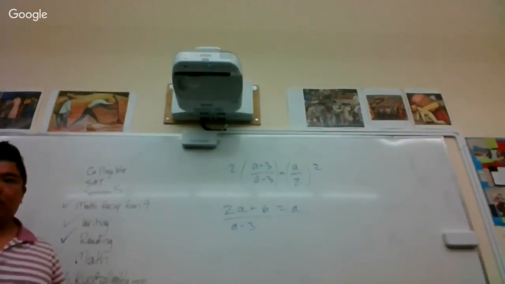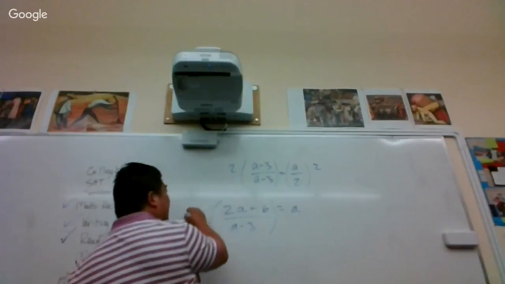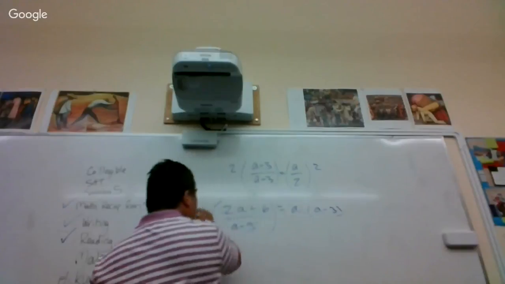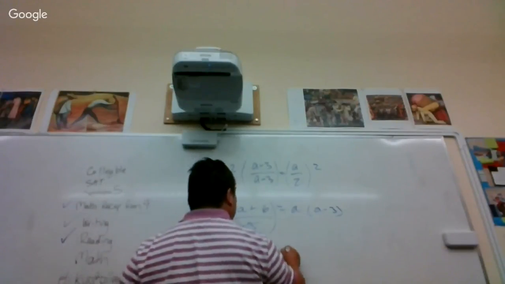And then I multiply by a minus 3. Right, you're clearing the denominators. You're basically cross multiplying this thing to get rid of a minus 3. So that would be 2.